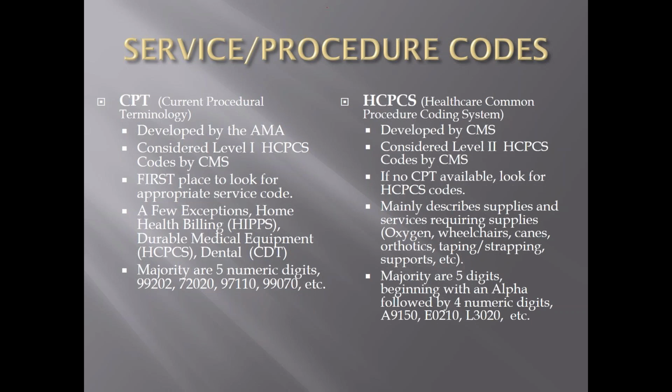The other code set that you may find yourself coding out of from time to time would be the HCPCS code set, and HCPCS stands for Healthcare Common Procedure Coding System. The CPT code set is developed and maintained by the American Medical Association, and the HCPCS code set is developed and maintained by CMS, or Center for Medicare Services.